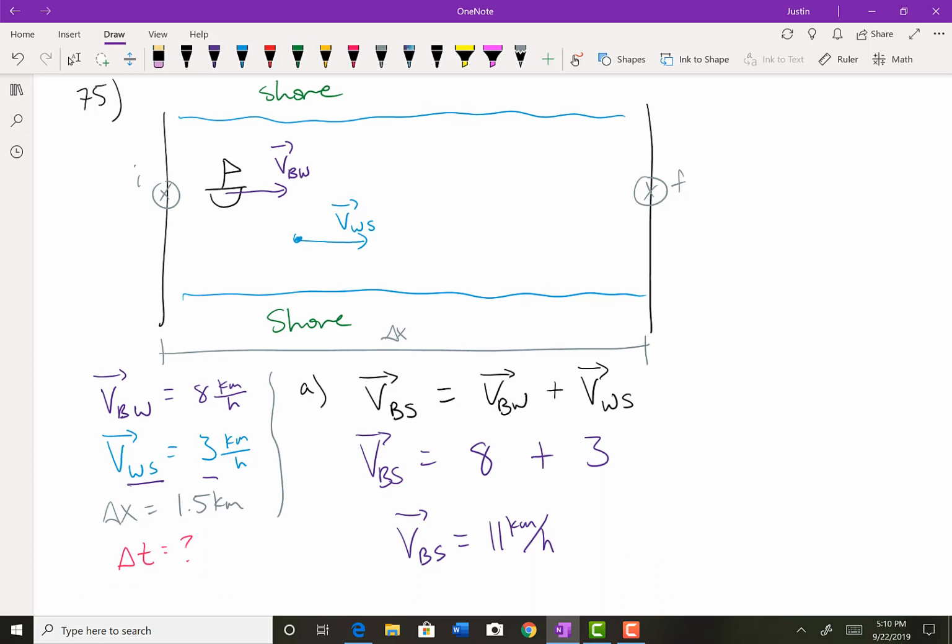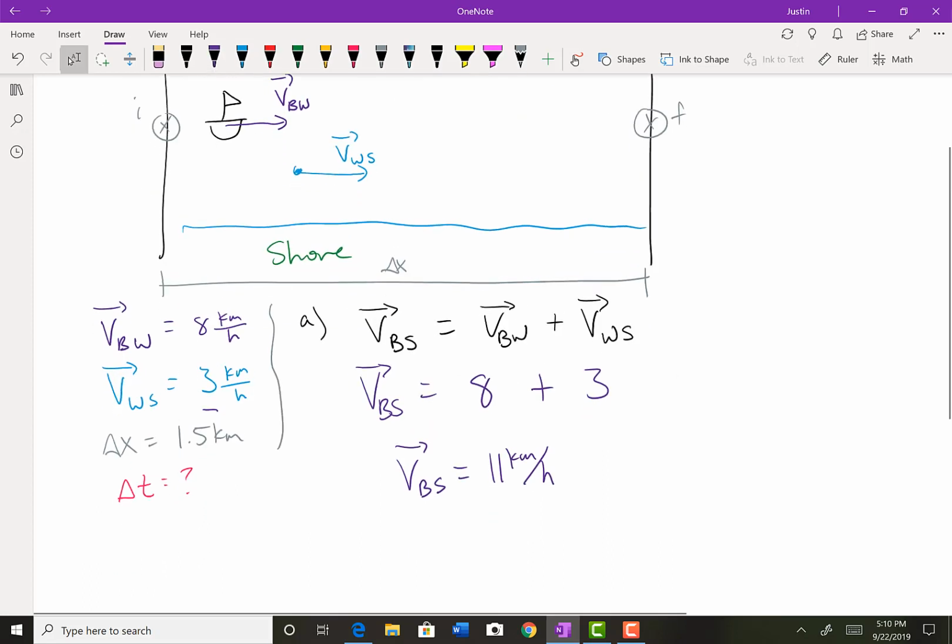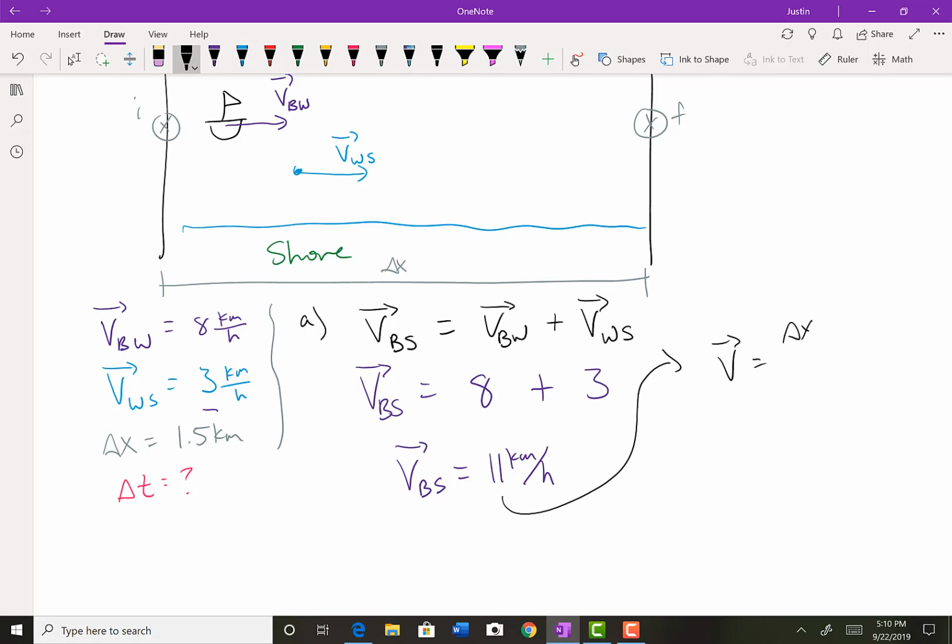So in this case, I'll use the definition of any velocity, which is the displacement over the time. So doing a bit of algebraic manipulation, I can get that the displacement over the velocity of the boat with respect to the shore is going to be the time.